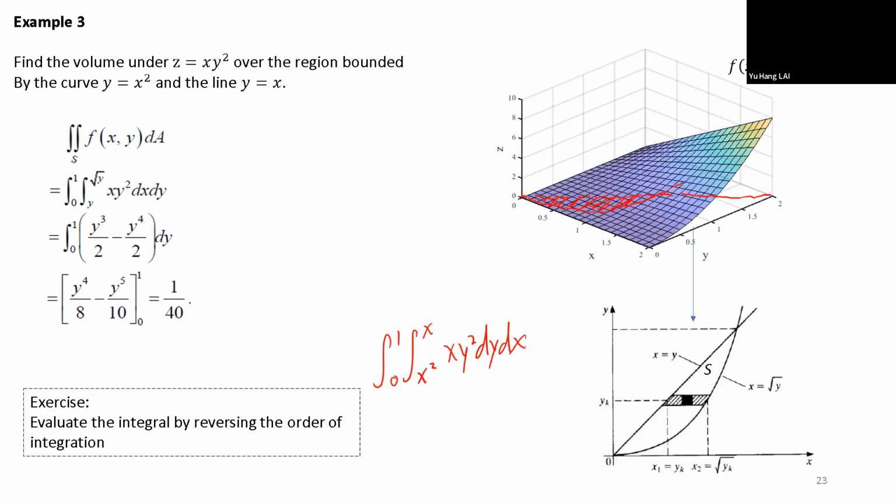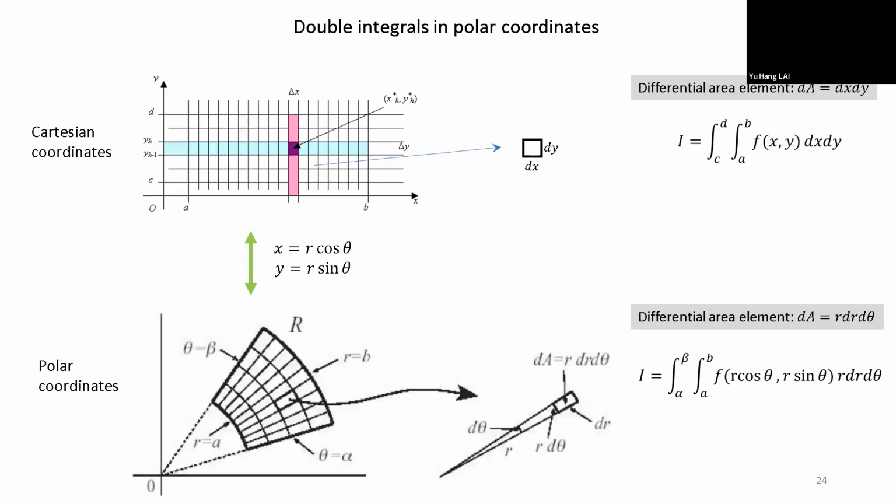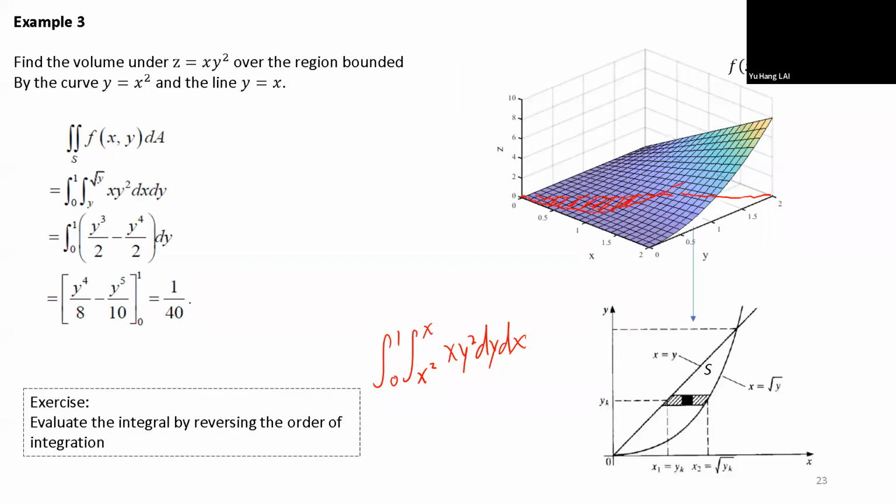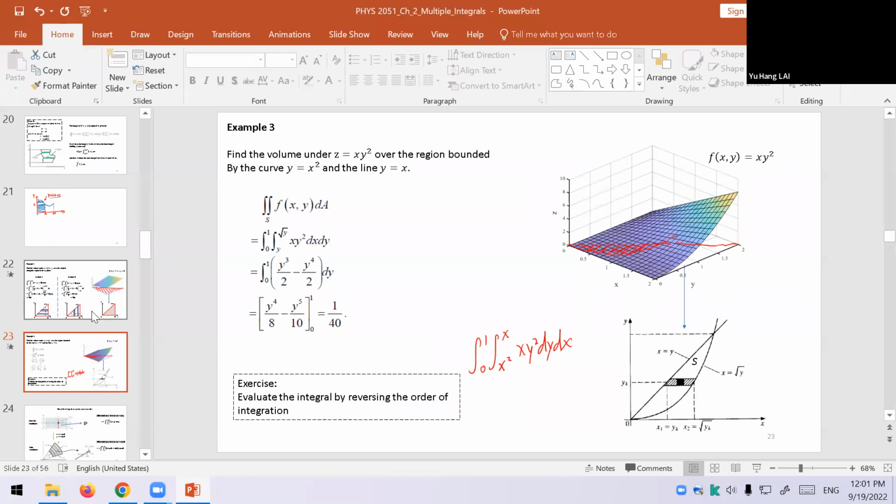Okay, so now let's move on to another coordinate system. We have been doing Cartesian coordinates, or rectangular coordinates. Now we are going to do another coordinate system, which is known as the polar coordinate system. So let me make one more slide.